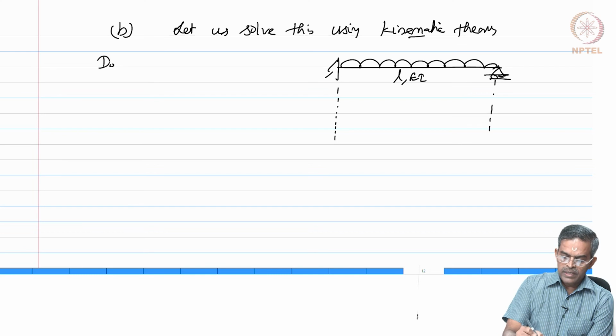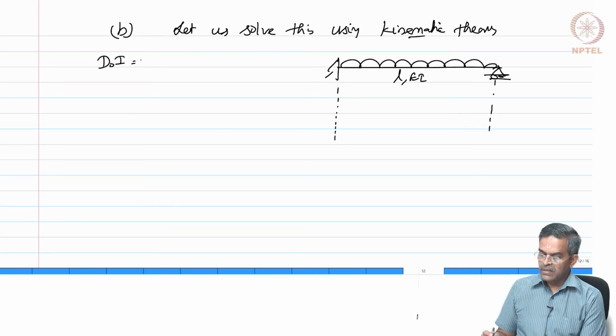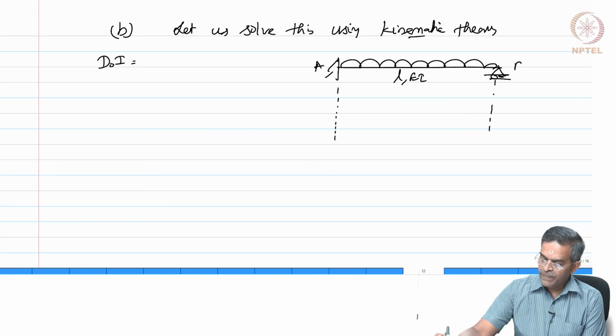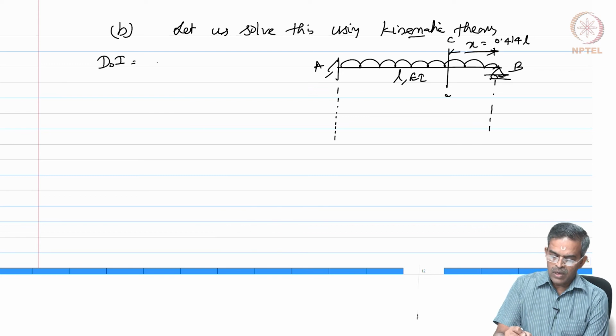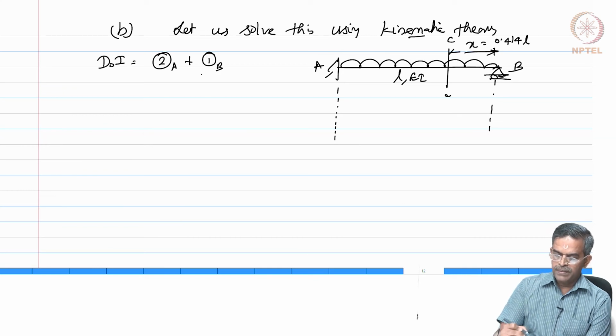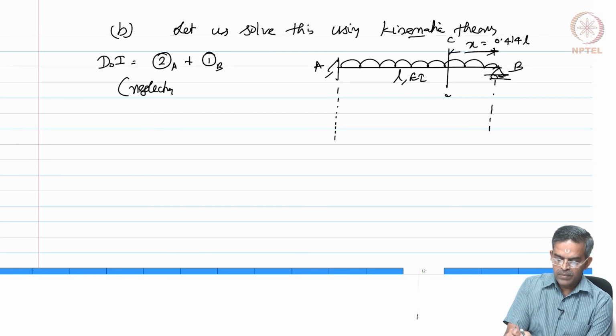We know the degree of static indeterminacy in this case, let us say this is A, this is B and this is C. So, we know there are two unknowns at A plus one unknown at B. We are neglecting the axial deformation.